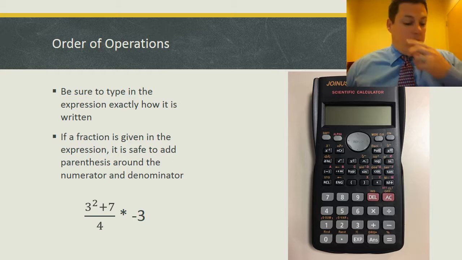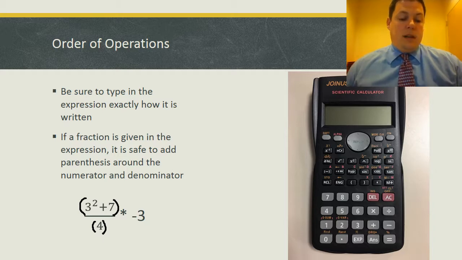So here we have an example below, 3 squared plus 7 divided by 4 times negative 3. You would want to put parentheses around the numerator and denominator, and you're going to type it in, other than that, just how it shows.